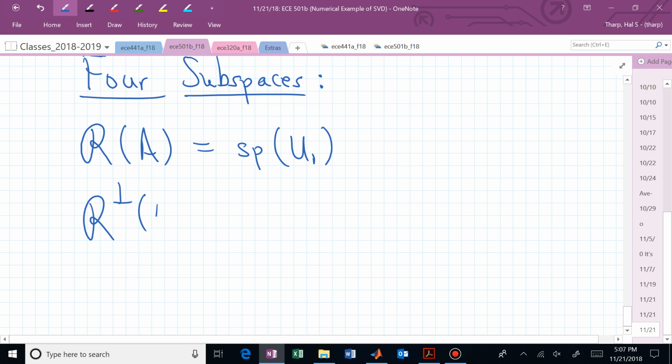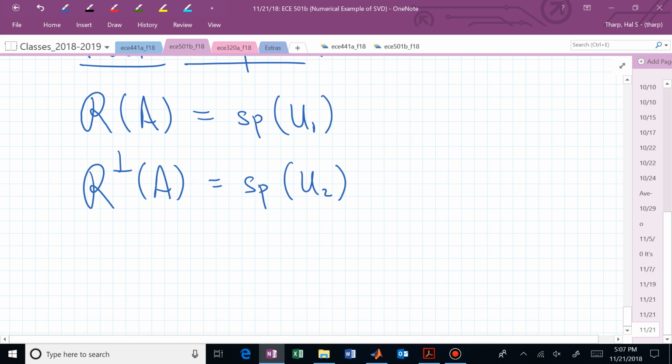The orthogonal complement to the range of A is what completes that basis, so the span of U sub 2 spans the orthogonal complement of the range of A.